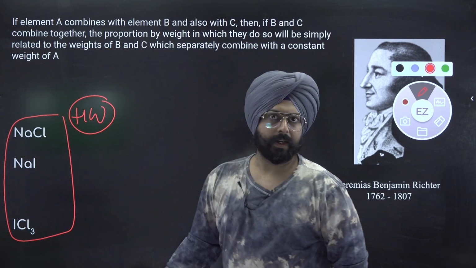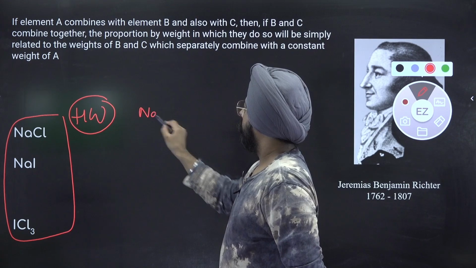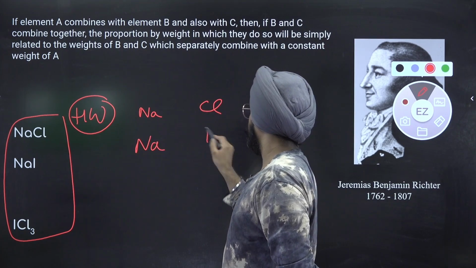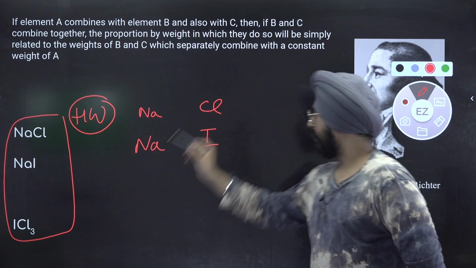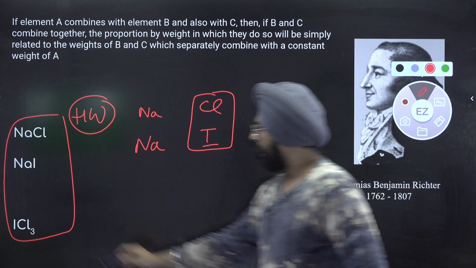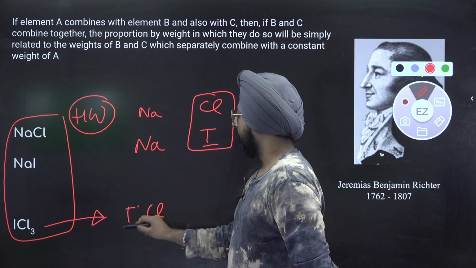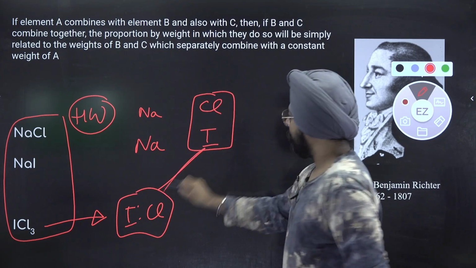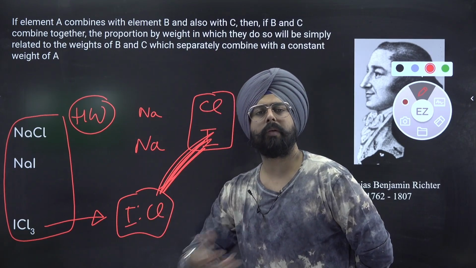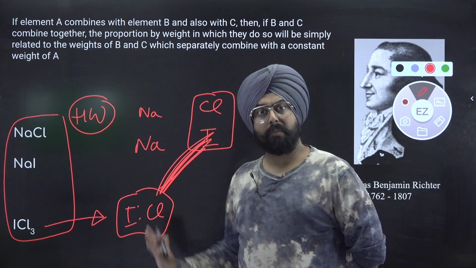What you basically have to do over here is Na combines with chlorine, Na combines with I. You take the ratio of these two, and then ICl3, you take the ratio of iodine with chlorine, and then see that these two ratios will be a simple multiple. I'm sure you can see already, but with numbers you see.